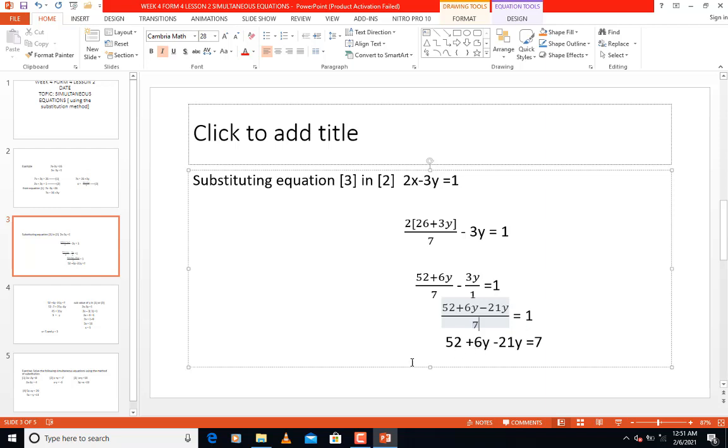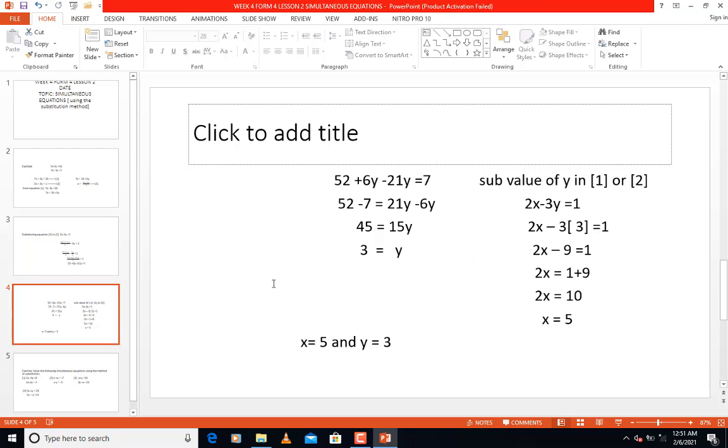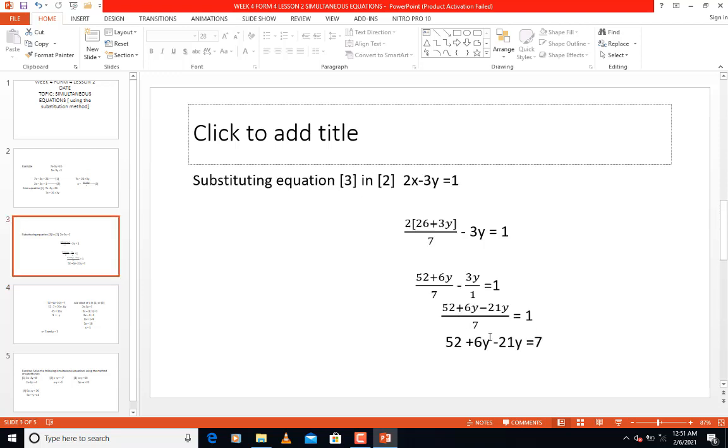From there we now move on. Let's check whether it was correctly done here. As you can see from this stage, we now multiply both sides by 7, so that it becomes linear: 52 plus 6y minus 21y is equal to 7.